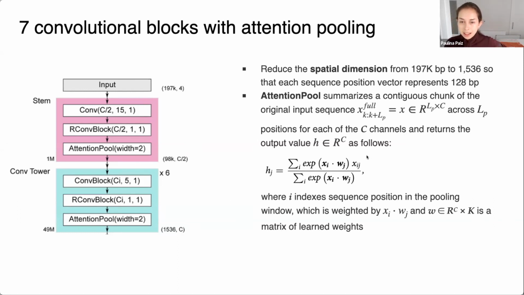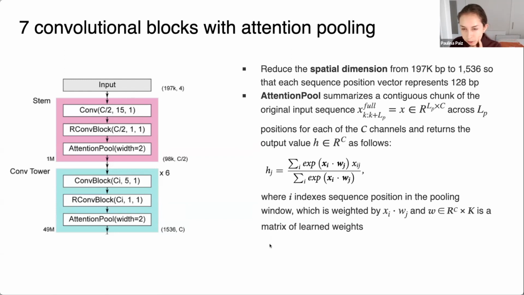But what happens is that the pooling window is weighted by the exponentiated dot product of the value and the weight, where the weight is a matrix of learned weights, and that's sort of like the attention filter.